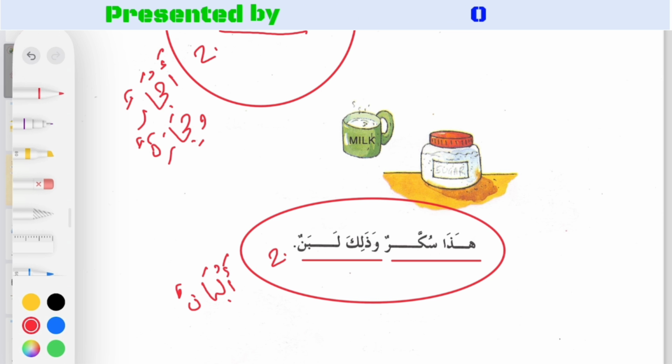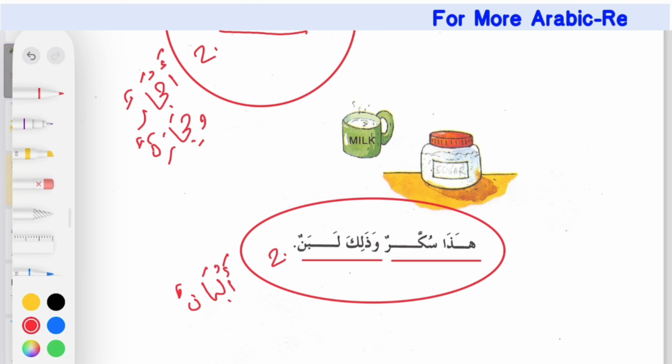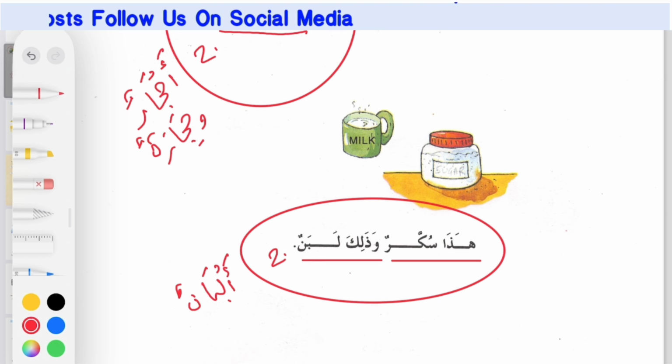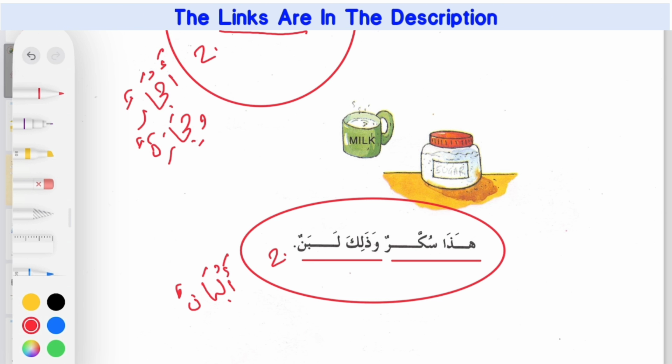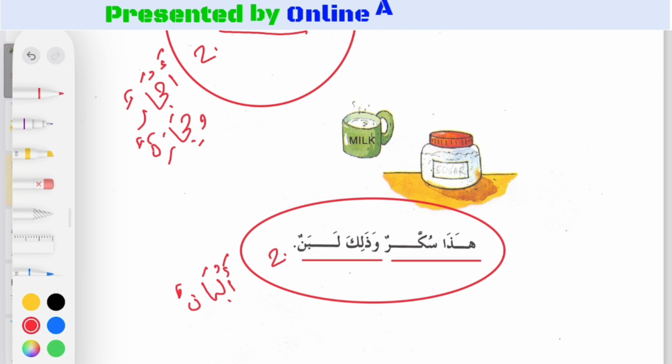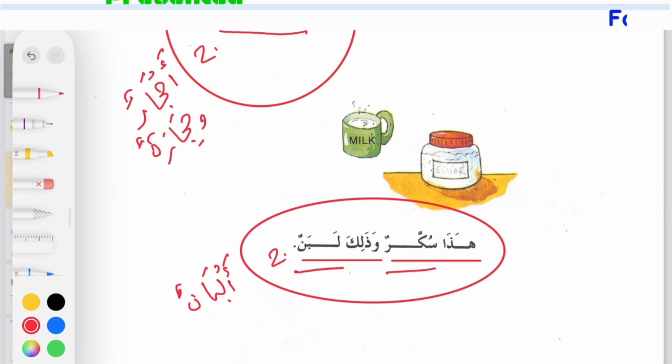Please listen to me here attentively and carefully because there is a very important thing to understand, and that is nakira. I explained in the previous lesson that nakira means a word without alif lam and it has tanween on it. So sukkarun is nakira, labanun is also nakira. We translate using a or an in countable nouns. But sukkarun wa labanun are uncountable.